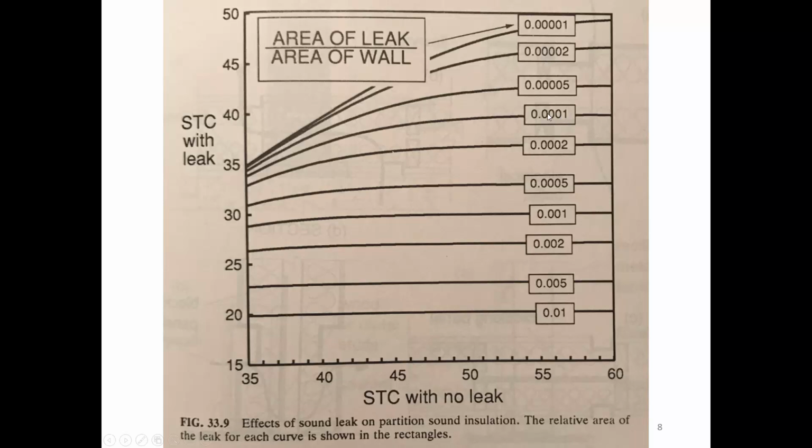Here's 100th of a percent. It's bringing it down from 50 to maybe like 38. So leaks, small leaks, are really detrimental to your overall sound isolation. So you really need to be careful to eliminate any leaks.